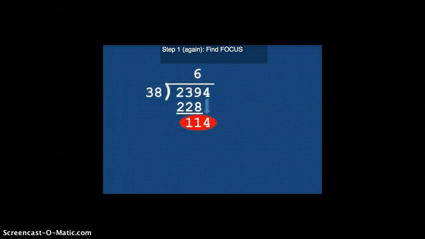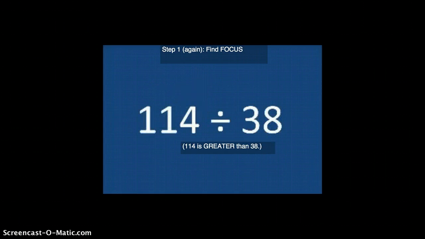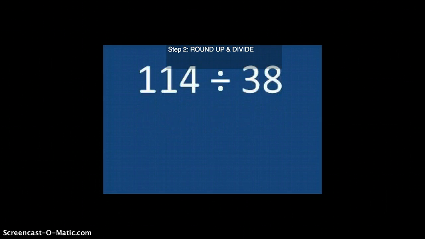Can 114 be divided by 38? Yes, you bet it can. And once again, I'm going to estimate. And here I'll let you in on a little tip. When I'm rounding, I usually find that I'm more successful if I round both numbers, both my dividend and divisor, in the same direction. So I'm rounding that 38 up to 40, just like I did last time.